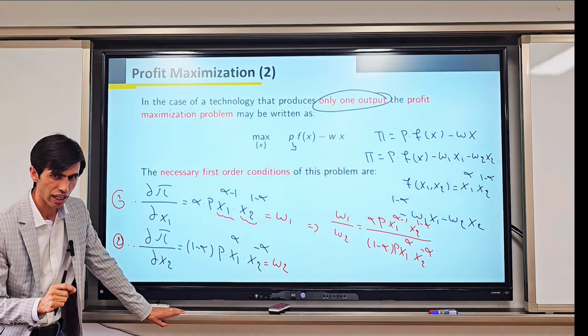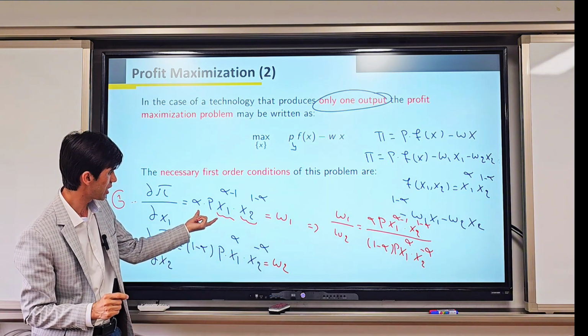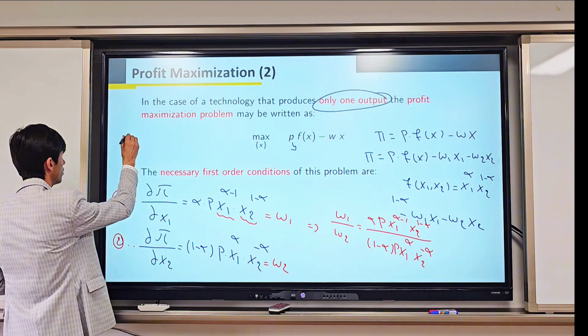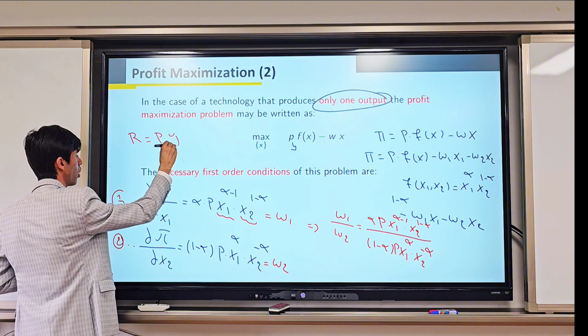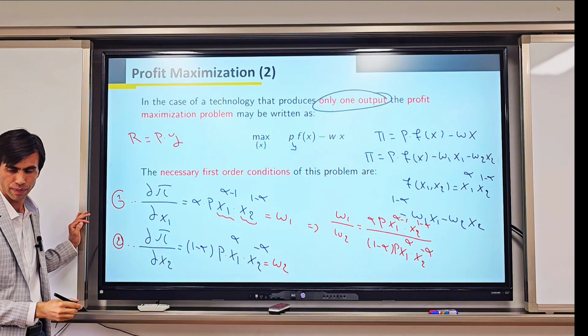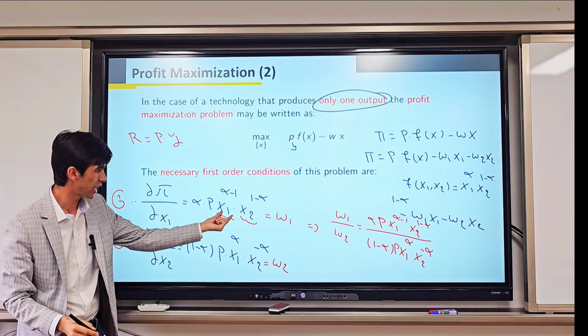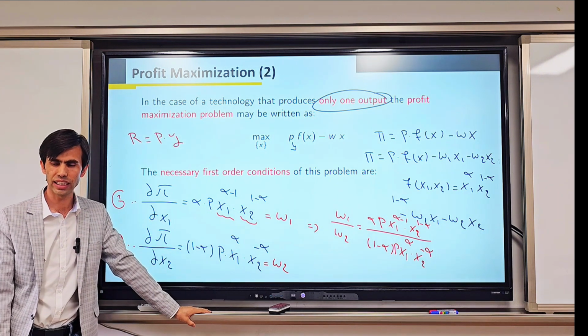Or in a general way, if we take the partial derivative of our revenue, which was p multiplied by y, with respect to x1, what will we get?